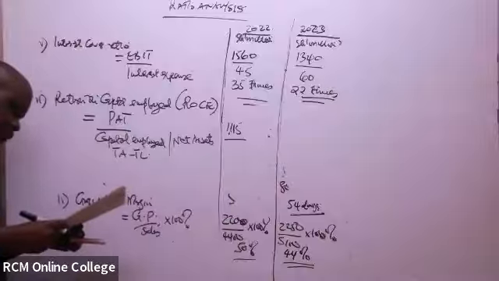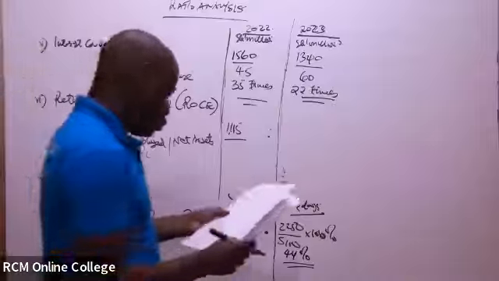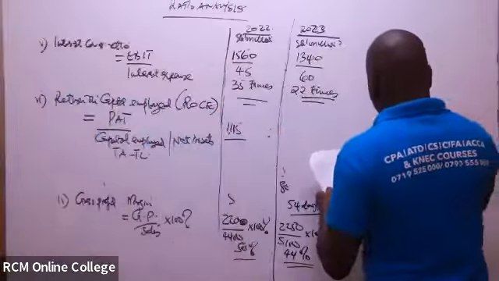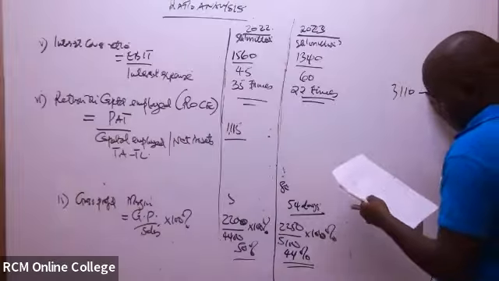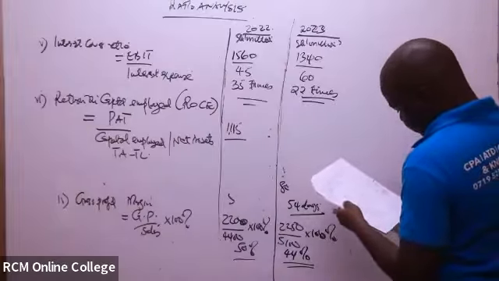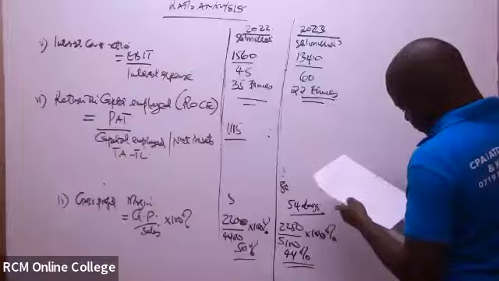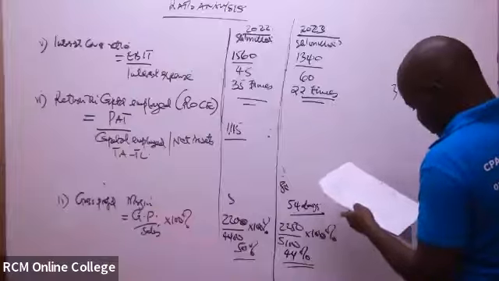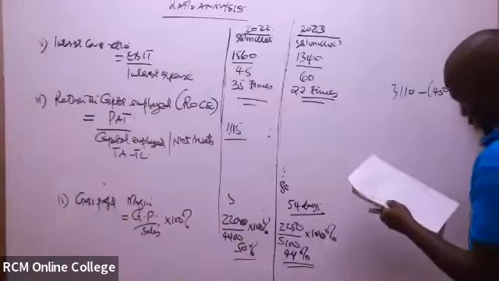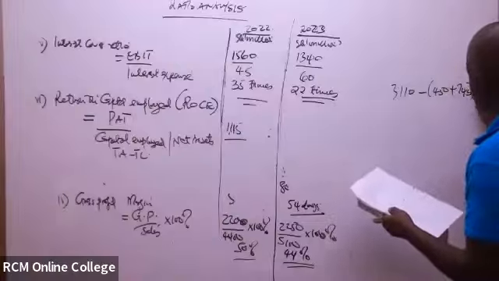The net assets. You can do 31,110 minus 450 plus 745.